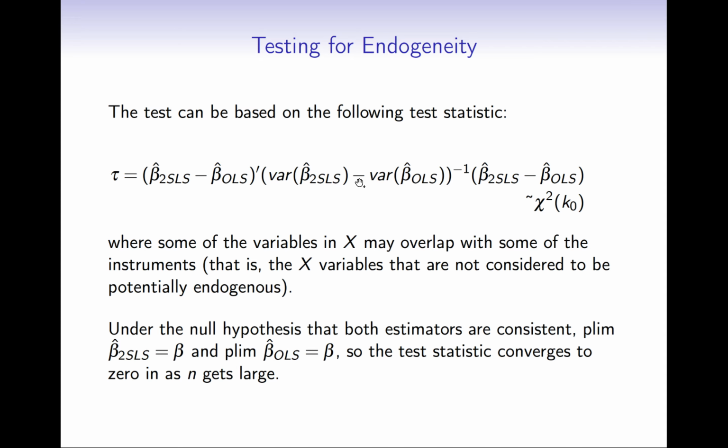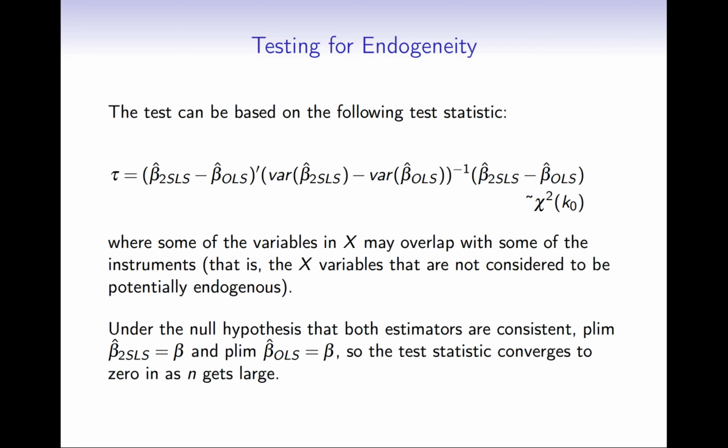The variance is shrinking with n, so if we take the inverse, then this is actually getting large. But this would be going to 0, and this is also going to 0 if both are consistent.